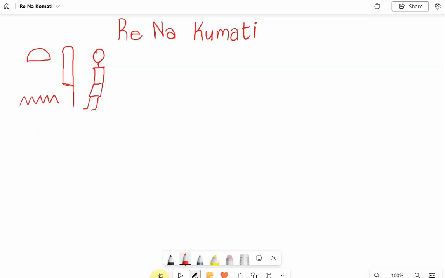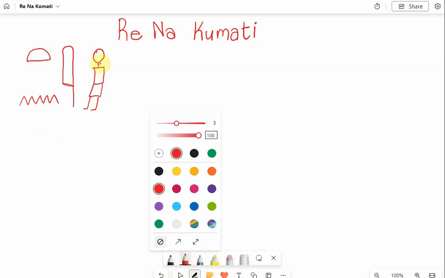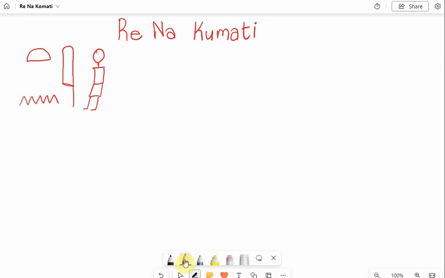Okay, so in this case, we have somebody with hands in this fashion, hands in front of them. Usually you would see this determinative in words that mean worship. But in this case, it means something else.